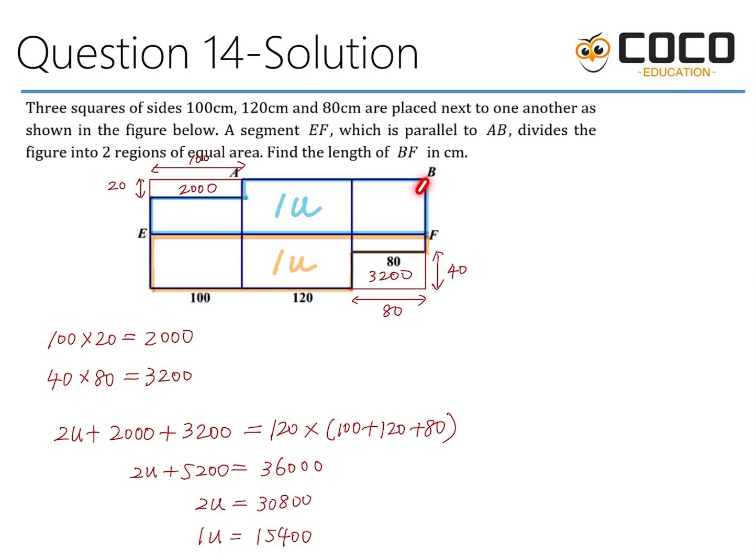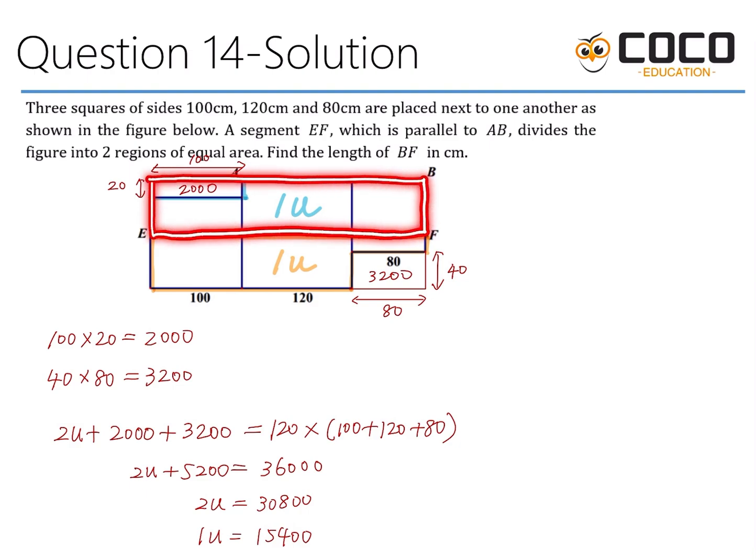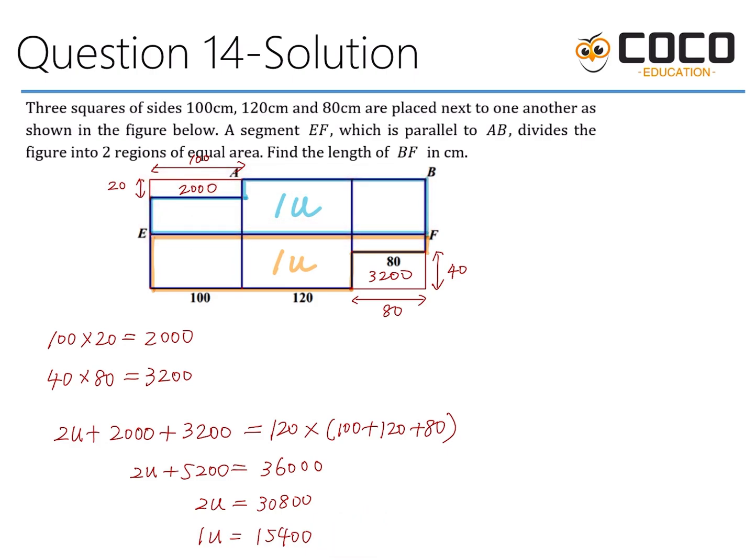They are asking for the length of BF. We work out the area of this rectangle. This will be 15400 plus 2000. So that equals BF times EF. This is a rectangle, so you use the length times the breadth.